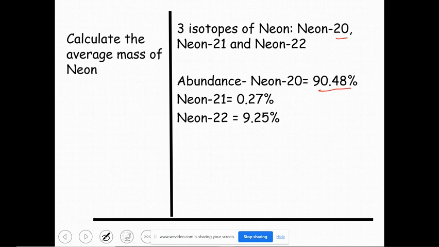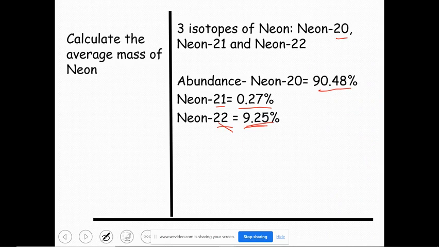Neon 21, mass of 21, makes up 0.27%, still enough that we're going to count it. And then neon 22 has a mass of 22, and 9.25% of all neon is neon 22.